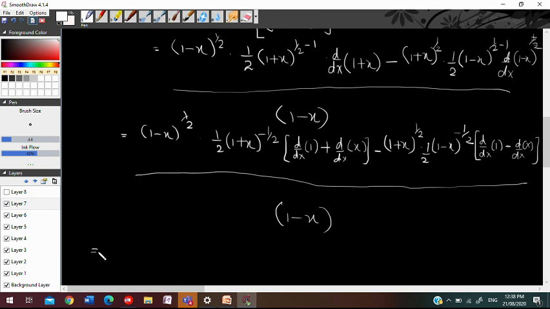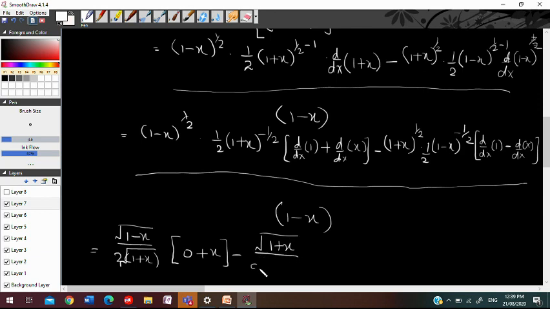So here we have 1 minus x divided by 2 into 1 plus x, then 0 plus x minus 1 plus x under root divided by 2 1 minus x, and here we have 0 minus 1.